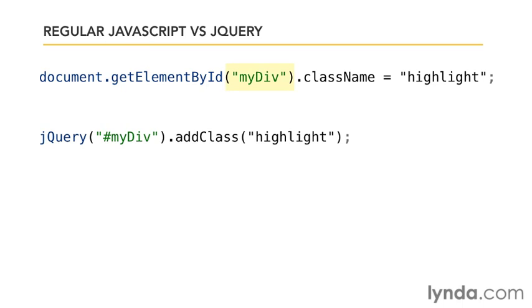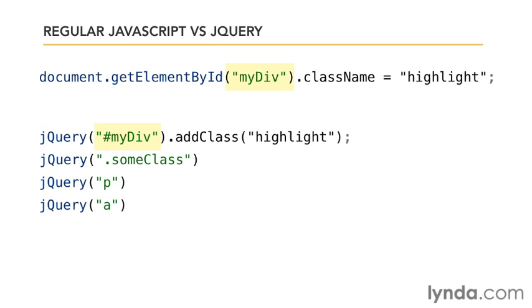We can give jQuery an ID to find by using the hash or the pound sign, but we can also find other parts of the page that we can't get with getElementById. For example, we can get all the elements with a particular class just by using the dot, the same way we would in CSS. We can get all the elements of a particular tag, like all the paragraphs or all the anchors or all the list items.